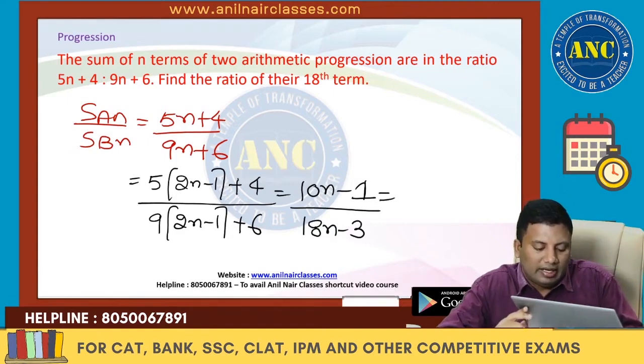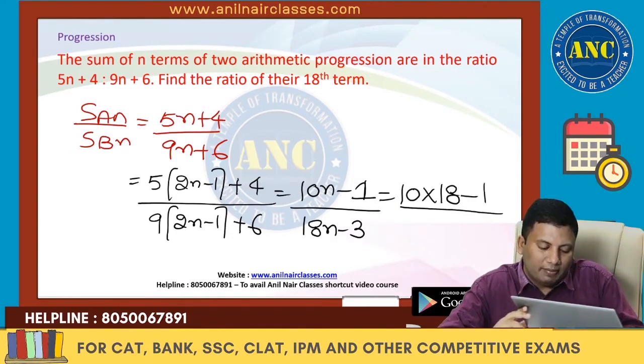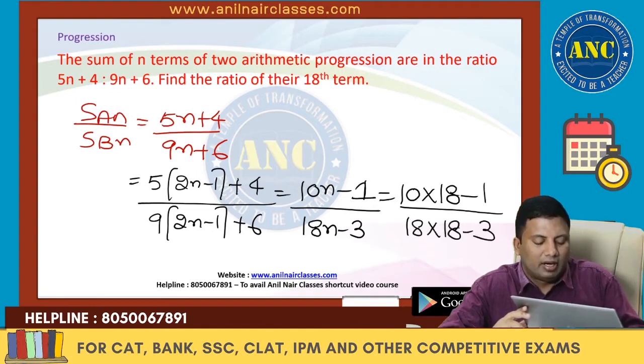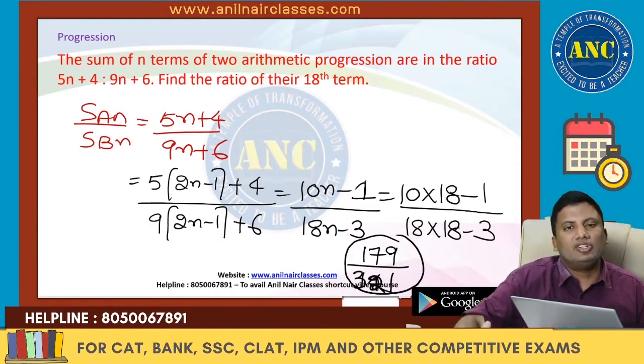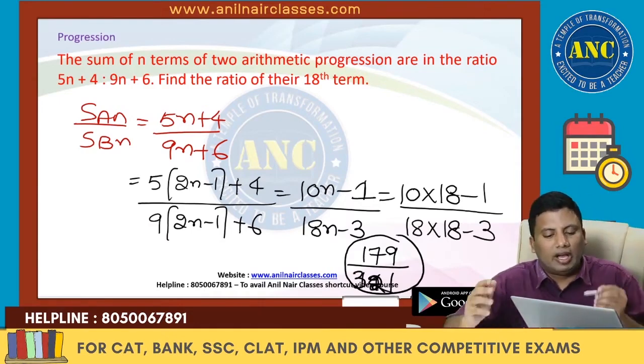I want the 18th term. 10 into 18 minus 1 divided by 18 into 18 minus 3. The answer is 179 divided by 321. 18 into 18 is 324. I hope the idea is clear.